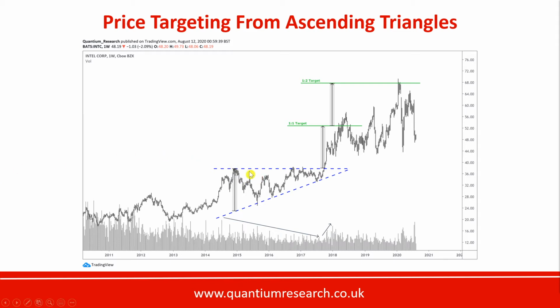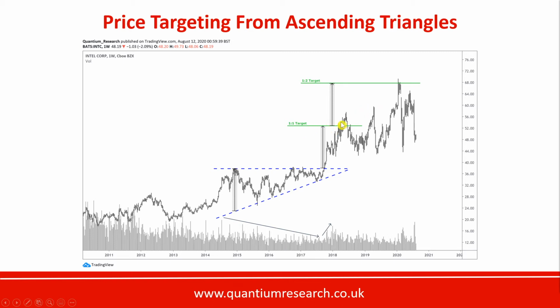Then you project that upwards at the point of breakout to give you your minimum 1-to-1 and your 1-to-2, which is double this distance. You're simply doubling the base difference to get your 1-to-2 target point.